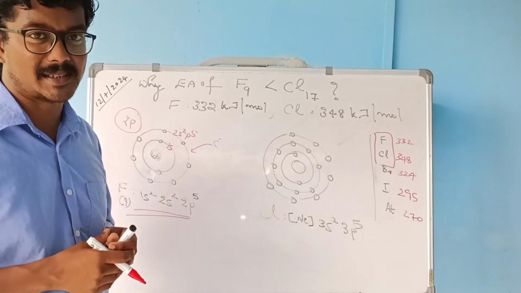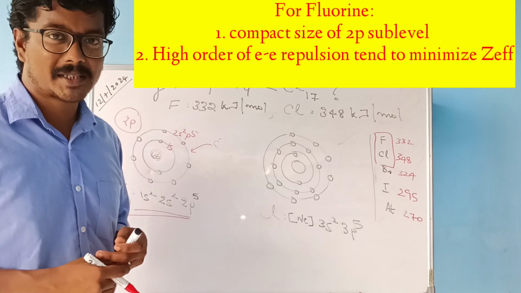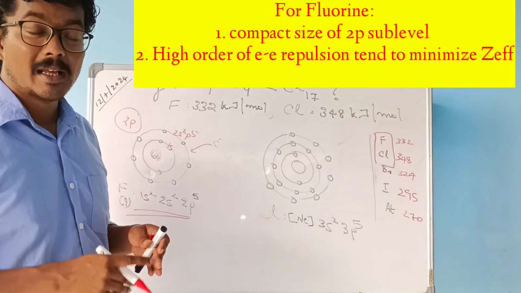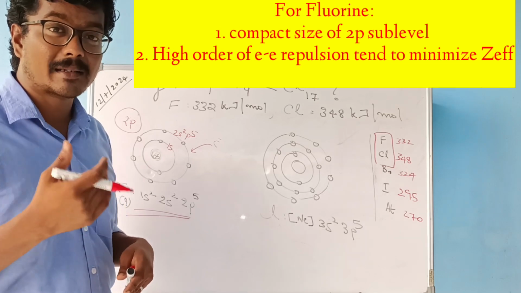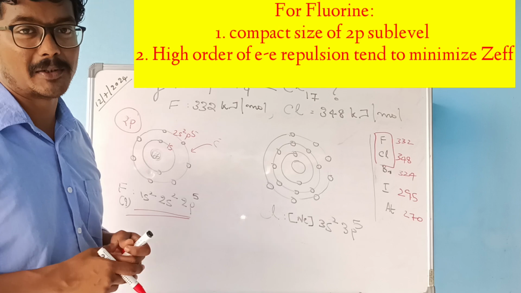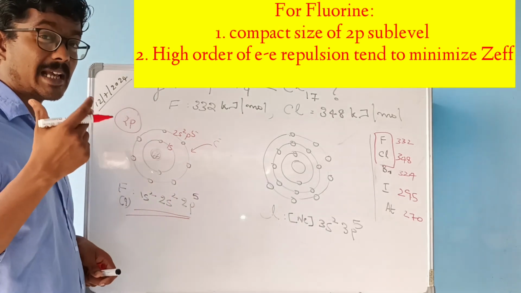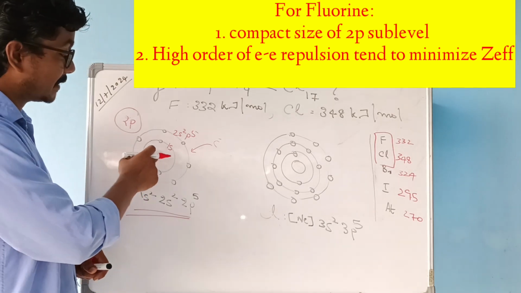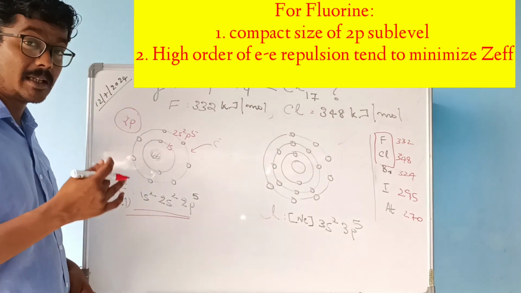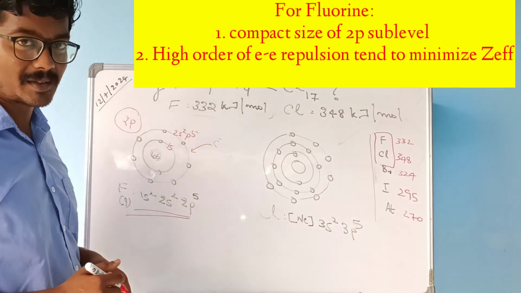As a result, this electron repulsion in the 2p valence shell with the incoming electron will minimize the attraction between the nucleus and the incoming electron. So this incoming electron does not feel that much attraction from the central nucleus of the fluorine atom. Hence, the electron affinity of fluorine decreases, and hence this value 332.